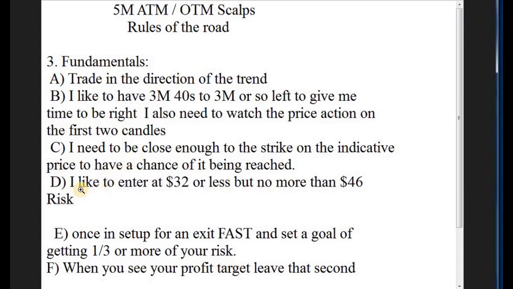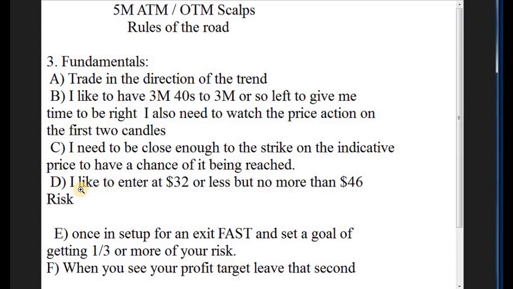Now I like to enter at $32 or less, but no more than $46 of risk, because these are out of the money. There are 2 parties to a trade.